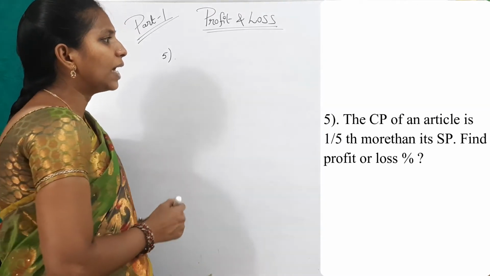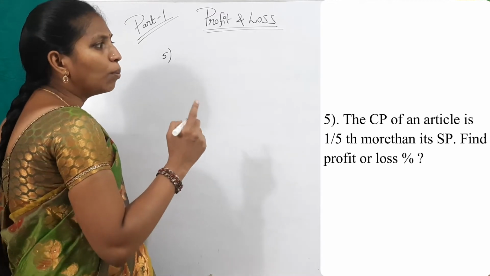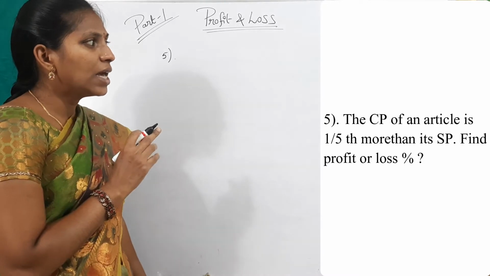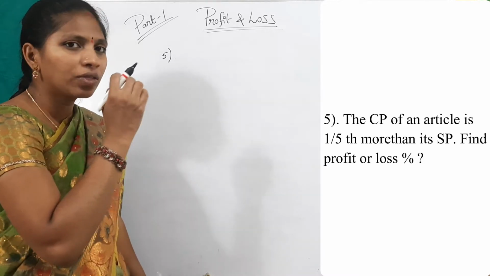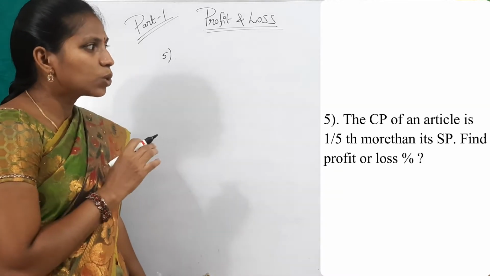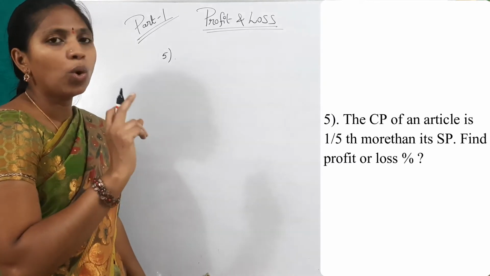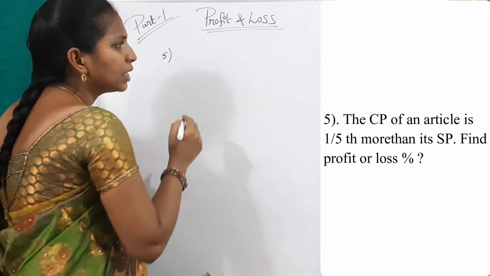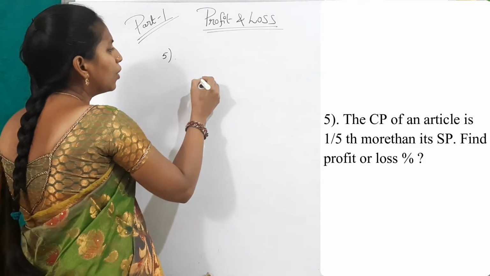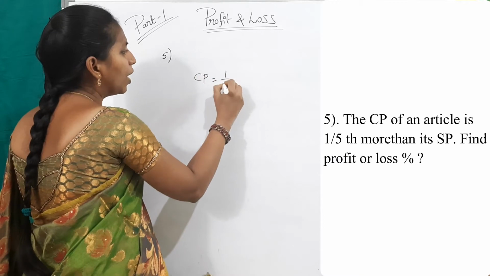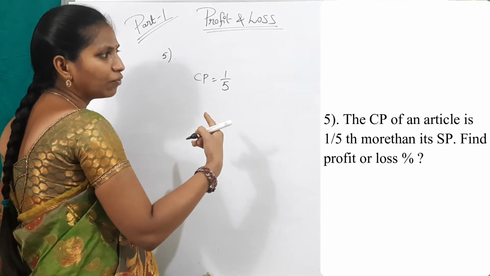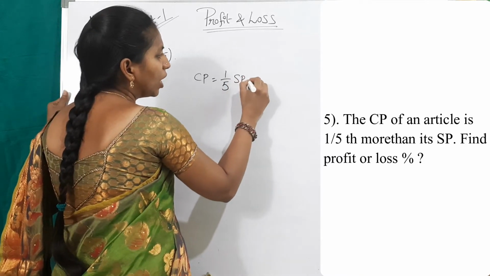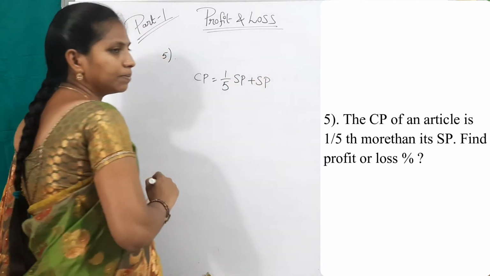Now see fifth question. The CP of an article is 1/5 more than its SP. See here. Fourth question is CP is 4/5 of SP. But in this question 1/5 more than its SP, more than or less than. CP equal to 1/5 more than its SP means 1/5 SP plus SP.